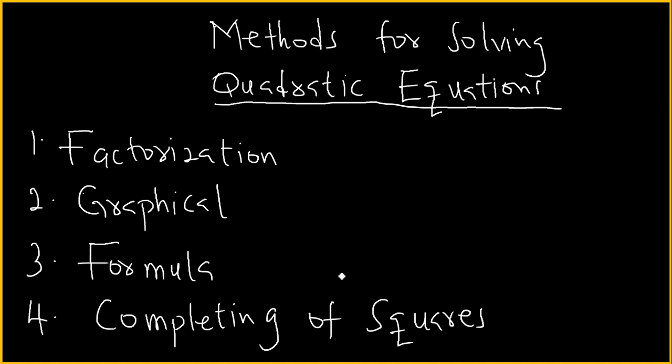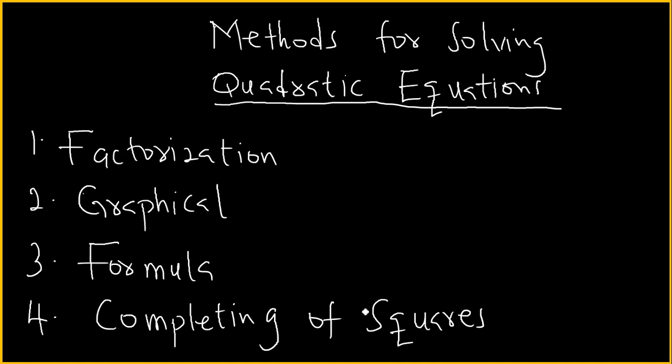Alright, so starting with the first method, factorization, it also has diverse ways of solving, or the mode in which the questions are formulated. For graphical, we would touch on it, and the formula method is the simplified form of completing of squares.